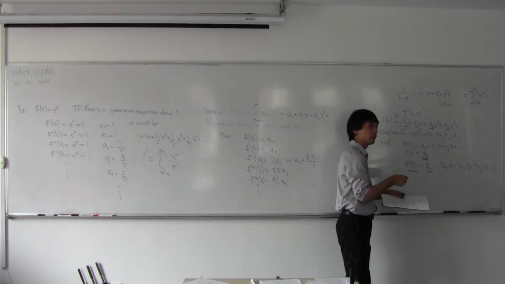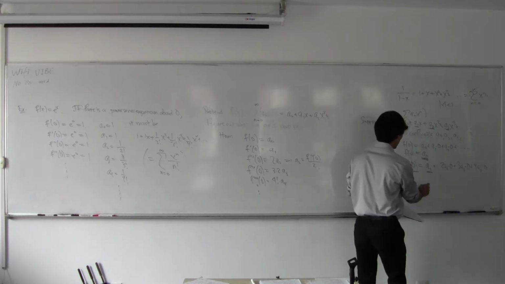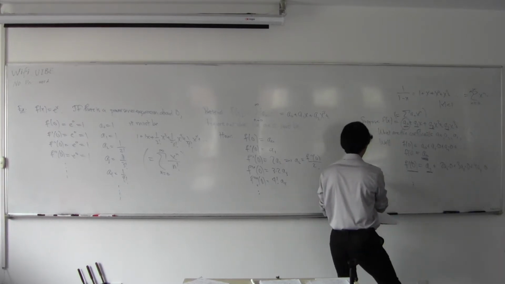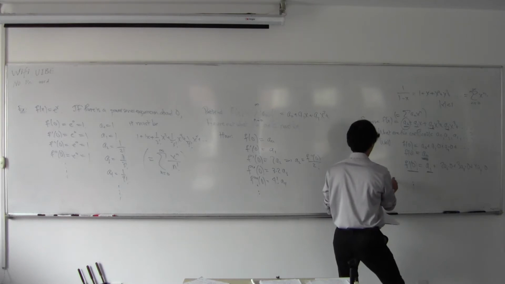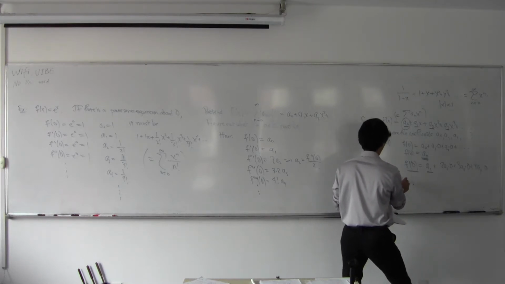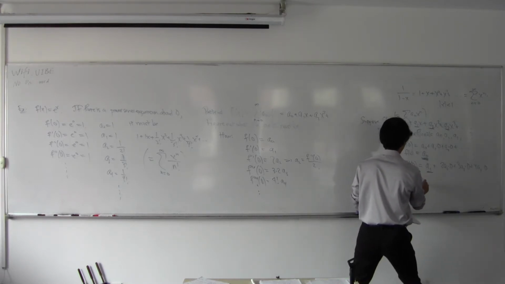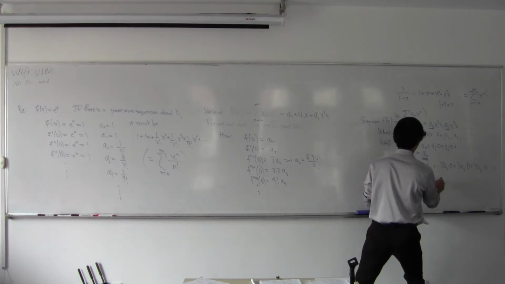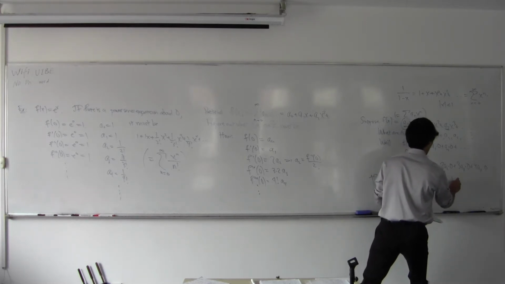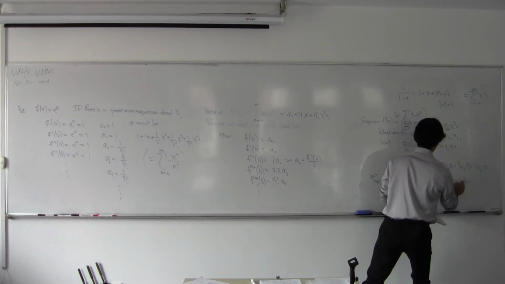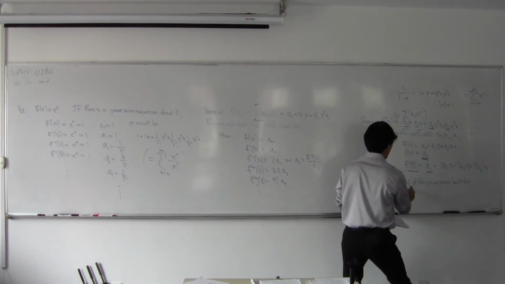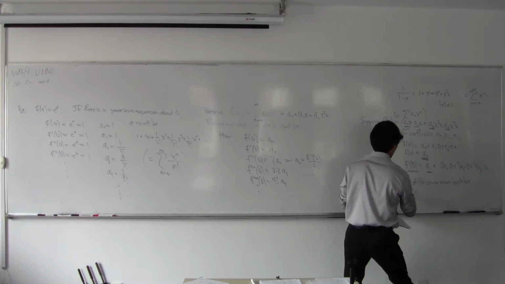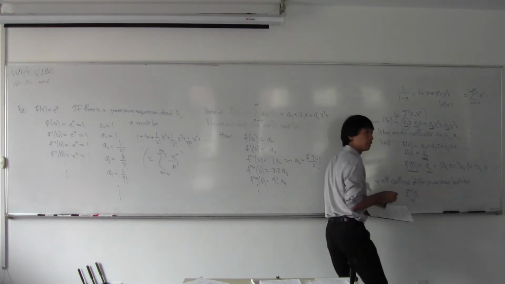And you keep on going like this, and you see that the nth coefficient of the power series has to be the nth derivative at 0 divided by n factorial.